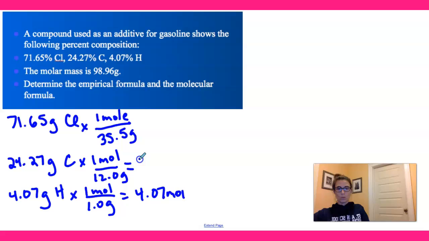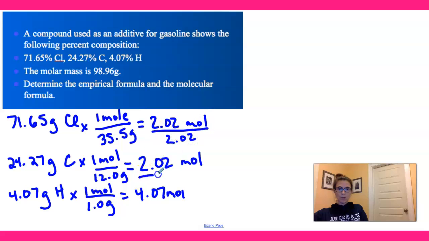That gives me 2.02 moles, and 71.65 divided by 35.5 gives me 2.02 moles. Right, divide everything by 2.02.